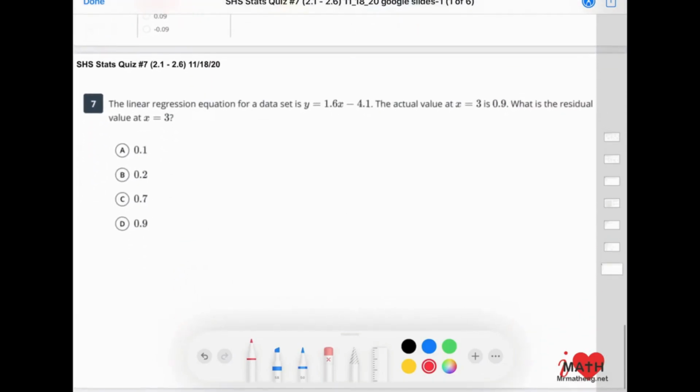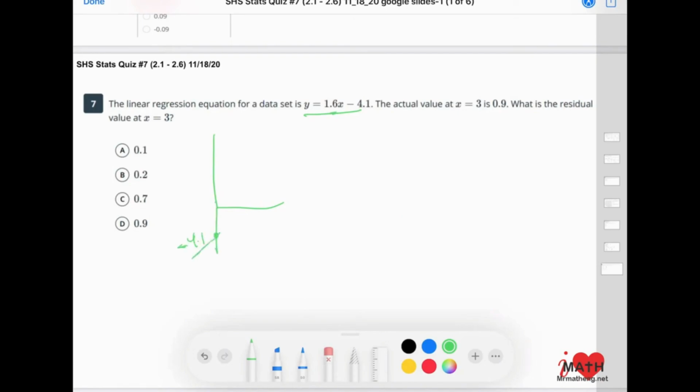Question number 7. The linear regression equation for a data set is y equals 1.6x minus 4.1. The actual value at x equals 3 is 0.9. What is the residual value at x equals 3? So, just to give you a super fast idea, negative 4.1 and has positive slope.